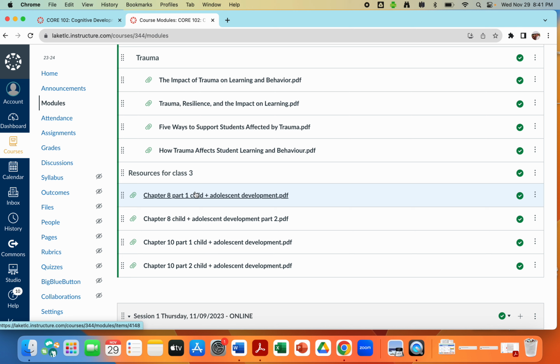I made copies of the big book that I said was supplemental reading material, and I downloaded chapters 8 and 10. The app I was using only allowed me to do 25 pages at a time. So this is chapter 8, 25 pages, and then another 15 to 20 pages here. Same here.